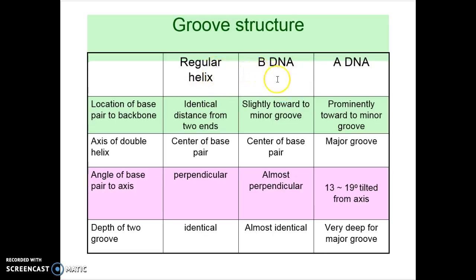The location of base pairs relative to the backbones is slightly toward the minor groove in B form, compared to being prominently toward the minor groove in A form. The axis of the double helix penetrates through the center of base pairs in B form, but through the major groove in A form. The angle of base pairs to the axis is almost perpendicular in B form, while a little bit tilted in A form.